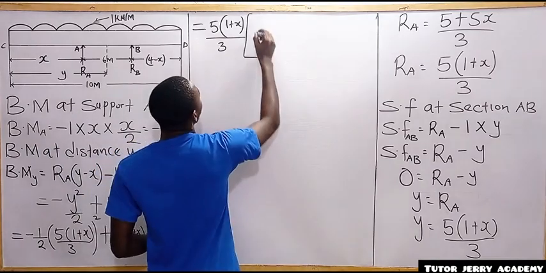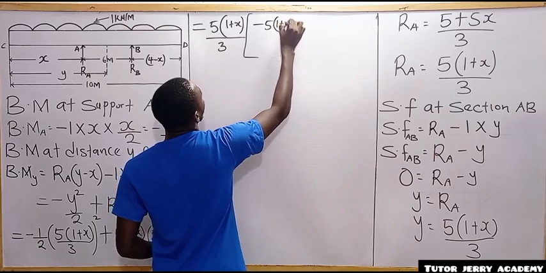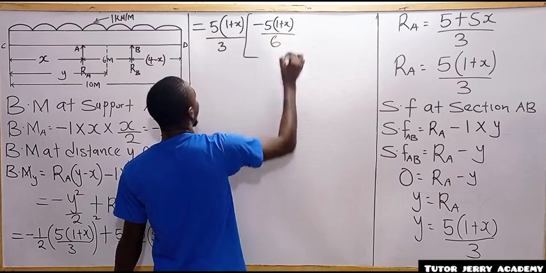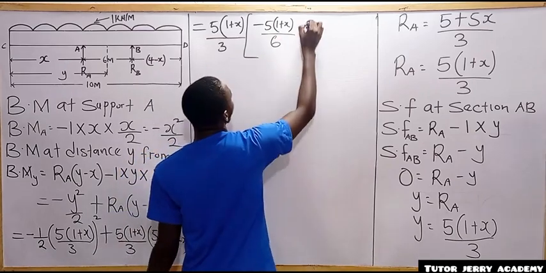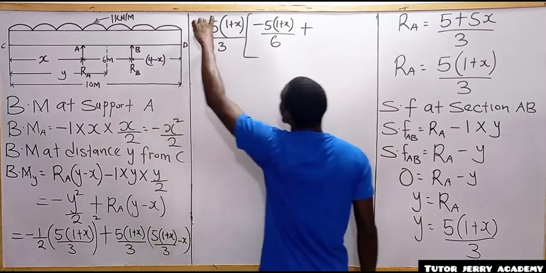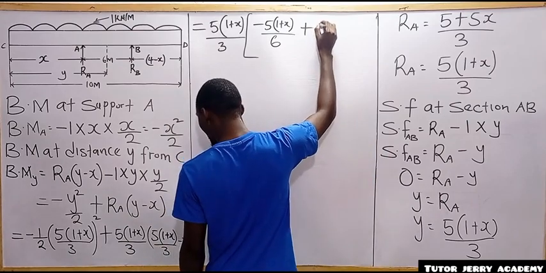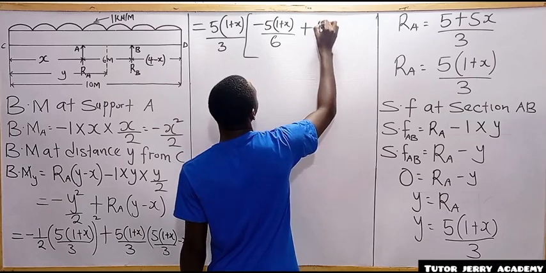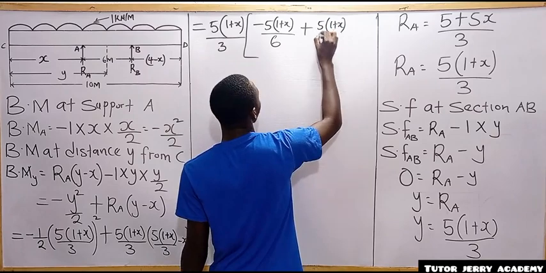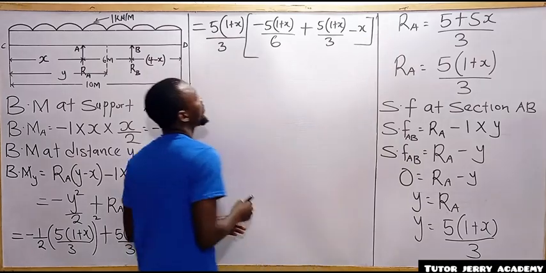So we are going to have minus 5 into (1 plus S) all over 2 times 3 is 6, all over 6. Then plus, we factor this out, so we are just left with 5 into (1 plus S) all over 3 minus S.